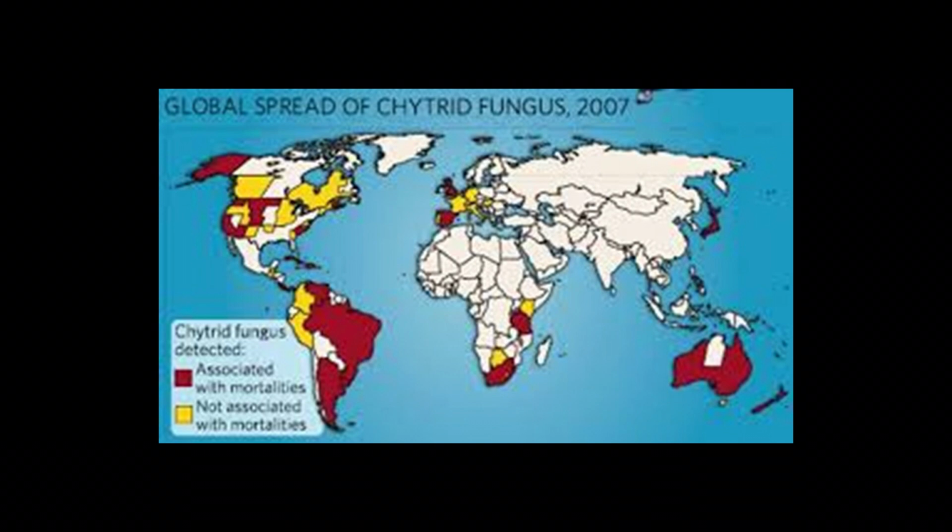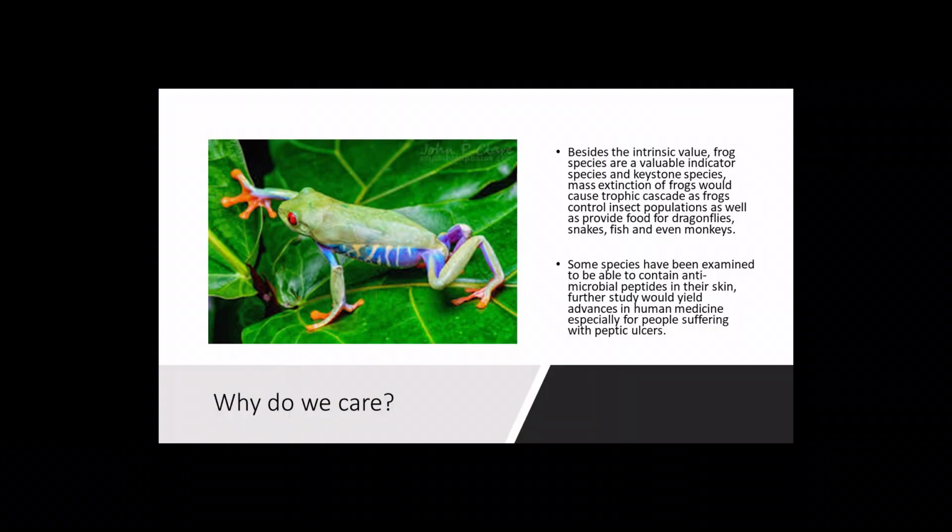So who is affected? You might have seen from that map, the yellow just shows areas where it's present but not associated with fatalities, and red is associated with fatalities, because the chytrid fungus has a very specific niche.